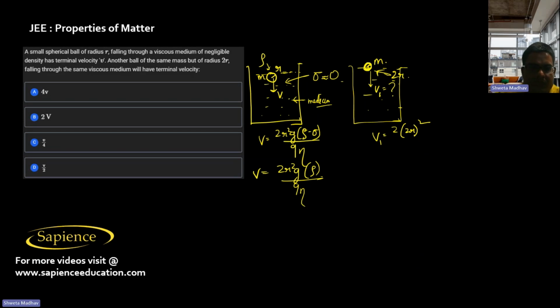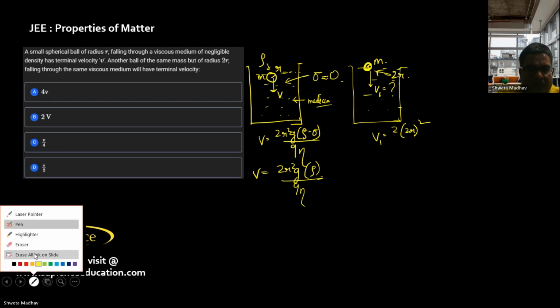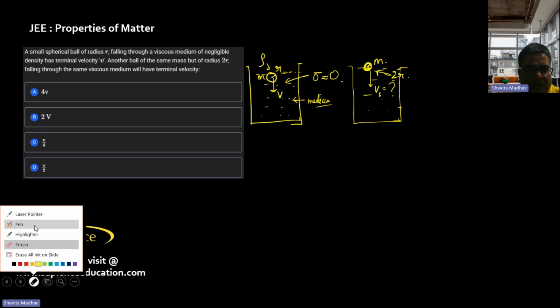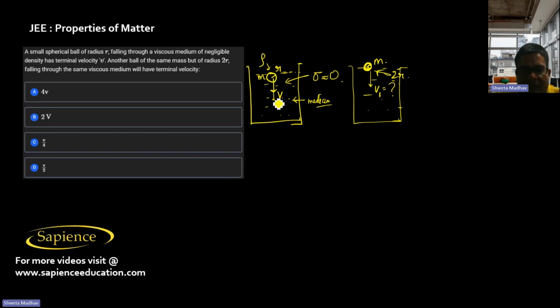So here actually we can do one thing. The downward force, that is the weight mg, should be equal to the viscous force when there is terminal velocity, that is 6 pi eta rv plus 4 by 3 pi r cube volume into density sigma into g.